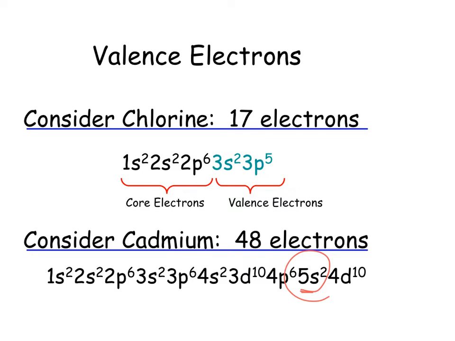It is easier to lose 2 electrons as opposed to trying to gain 6 more. So this means that cadmium would be more reactive with something that would make it lose 2 electrons, whereas the chlorine would be very reactive with something that would help it gain 1 electron. The electron configuration, or the number of valence electrons, can actually tell you a lot about an atom's reactivity.